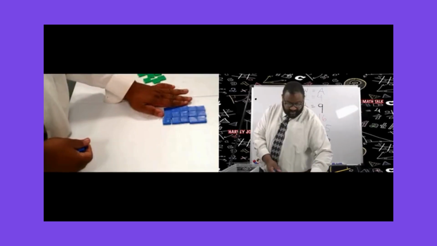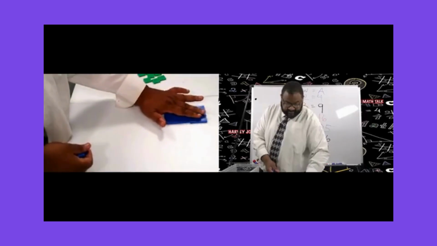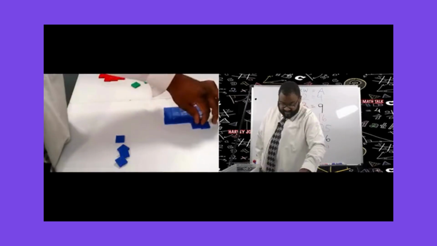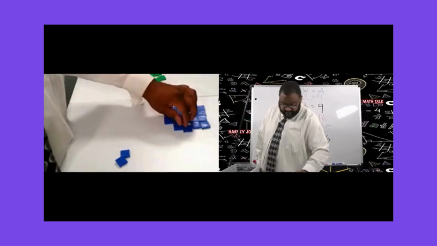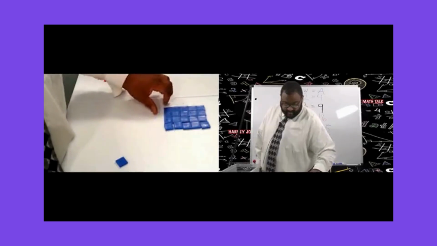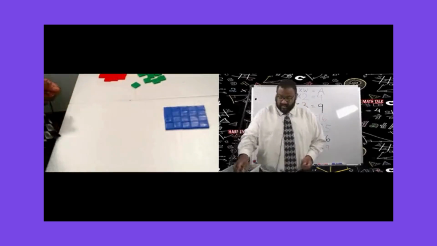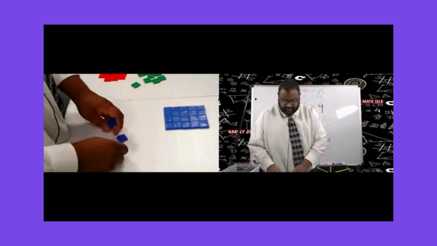All right, this is 3 rows of 5. Not a square yet. That is 4 rows of 5. Depends which angle you're looking at.